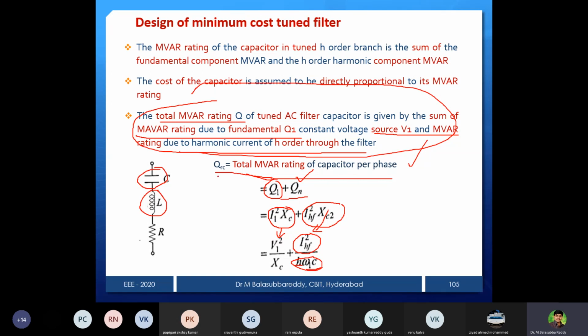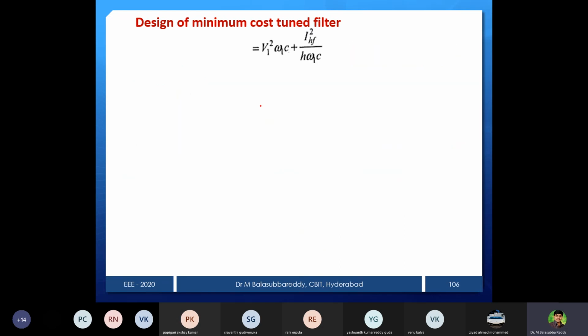So at this moment I consider QRC, that is the MVR rating required for the capacitor, what we call as tuned filter contribution of the capacitor. So then you can see that V1 square omega 1C plus I square, that is the harmonic order, divided by H omega 1C.